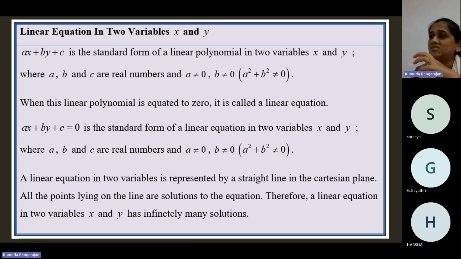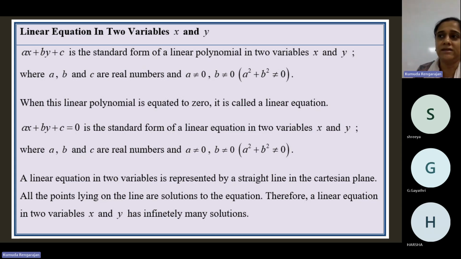So from where does all this start? When you represent this linear equation in two variables, x and y, graphically, that is on the Cartesian plane, because there are two variables, we need two lines, one horizontal line and one vertical line, which is the Cartesian plane or the coordinate axis. So when you represent this equation on a graph paper, you will get a straight line.